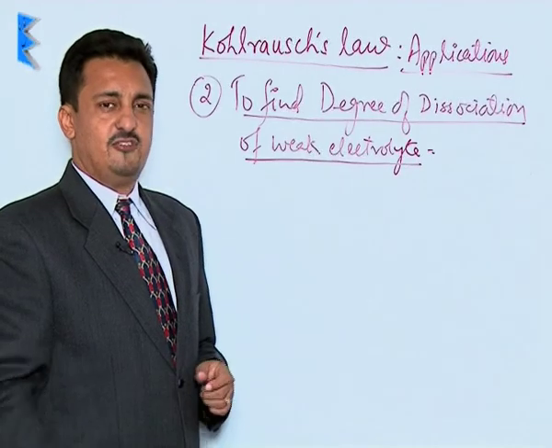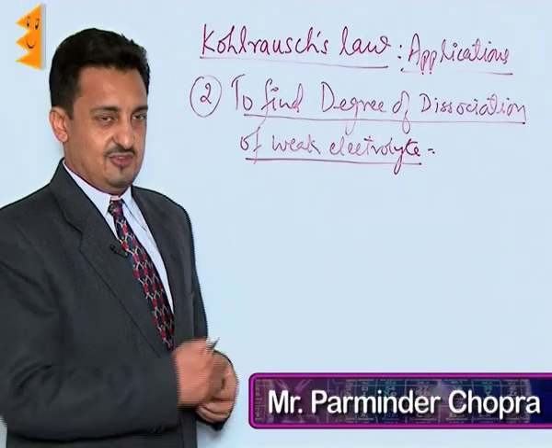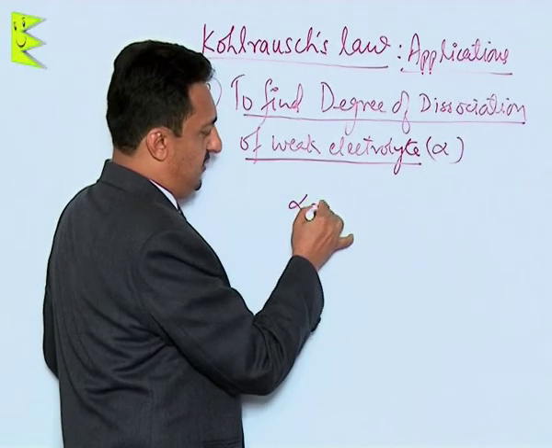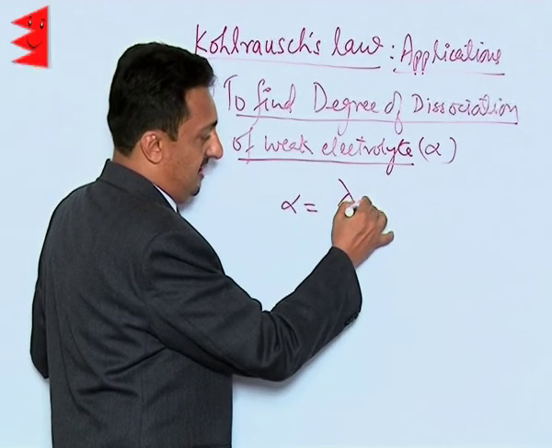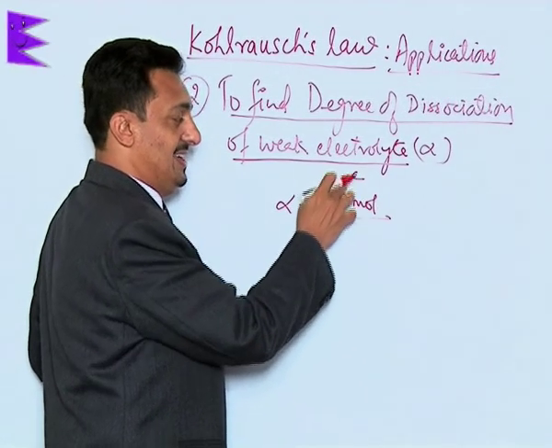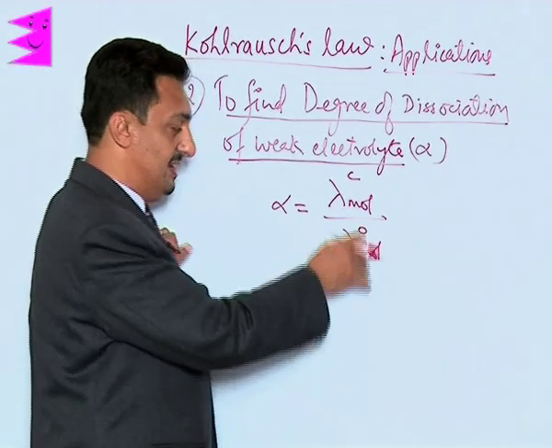The second application of the Kohlrausch law is to find out the degree of dissociation of a weak electrolyte, which we know is alpha. Alpha of a weak electrolyte we can easily find out, as it will be the ratio of the molar conductivity at any concentration upon the molar conductivity at infinite dilution.